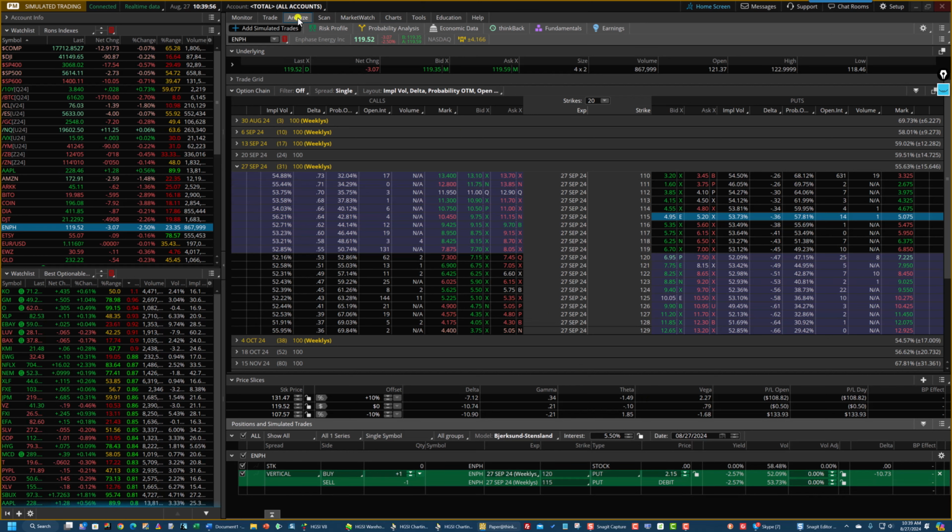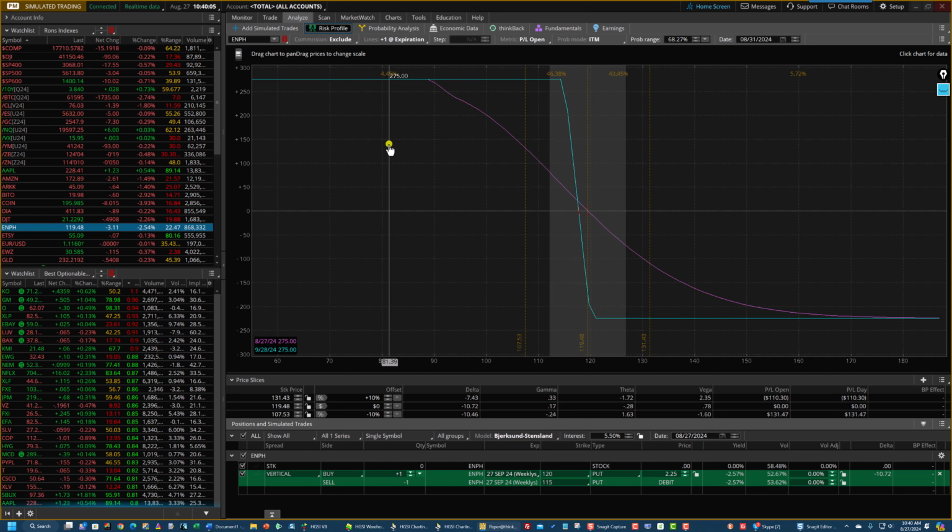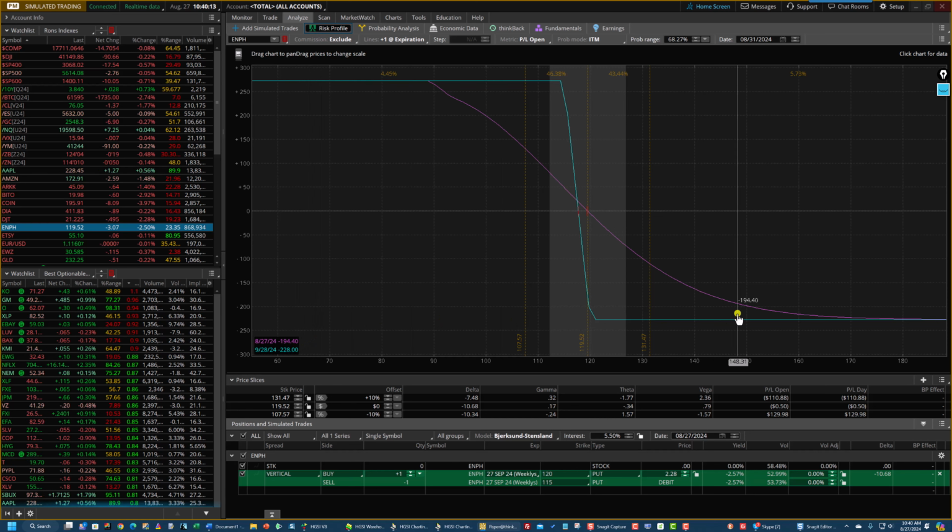So I'm going to analyze this, and you can see that I'm pretty close to the strike price. If I buy this, the cyan line represents at expiration, a $272 profit, and the cyan bar here, if it doesn't get into the money, the maximum loss is $228 is what I'm trying to say.